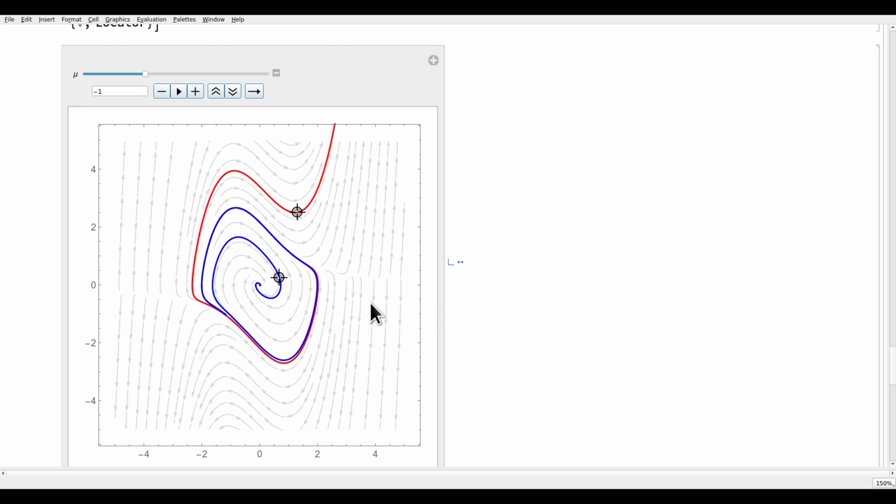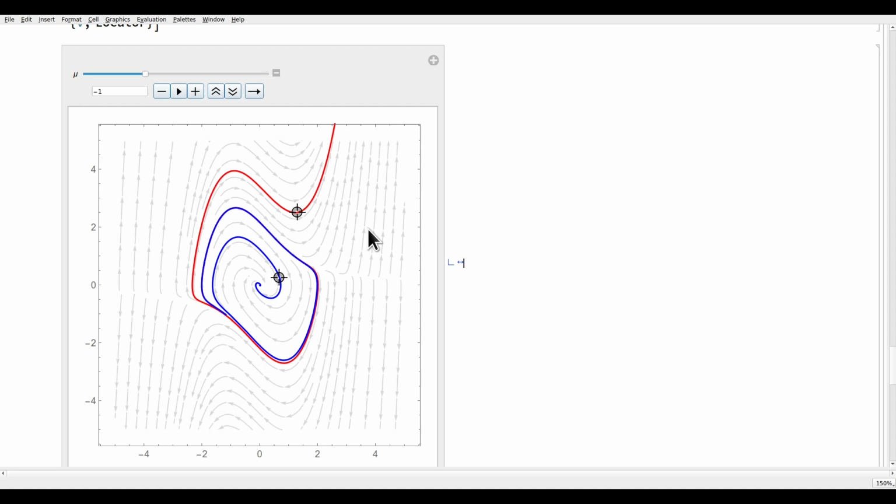Now you can see the stable spiral. There's still this unstable limit cycle that's lurking here. Part of why this has to be here again is to separate trajectories that spiral into the origin from trajectories that flow away to infinity.